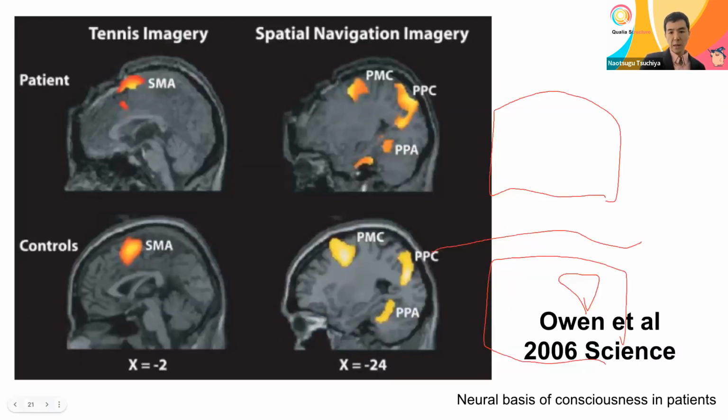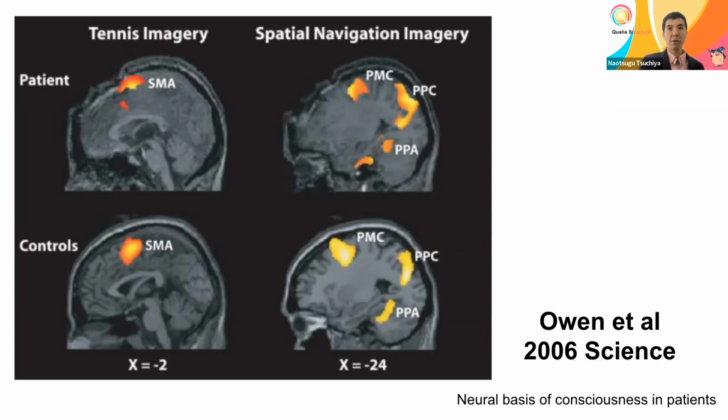So this is the imagery-based check of whether people are conscious or not, as you might remember. And here, one of the critical questions was about activation of the parietal areas around here, which the patient was able to activate.